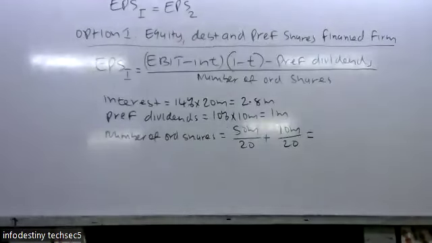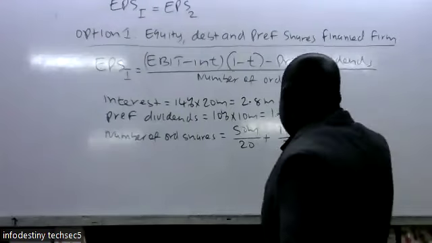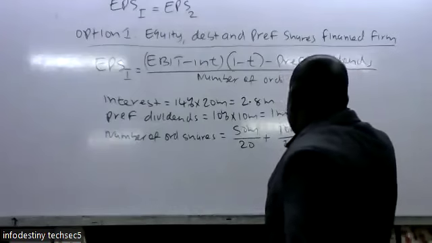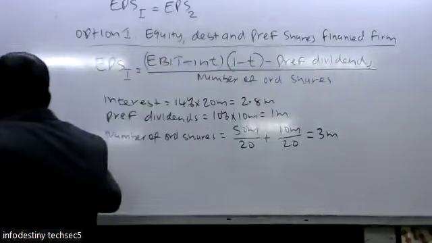Under option 1, we see that information. Then in the first paragraph, they wanted to raise 10 million. So they will give you how many ordinary shares?